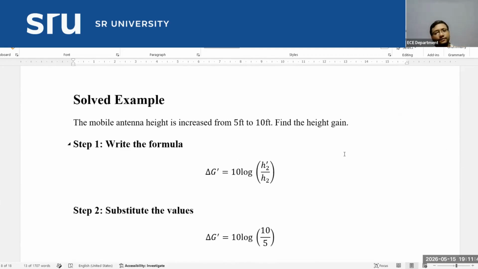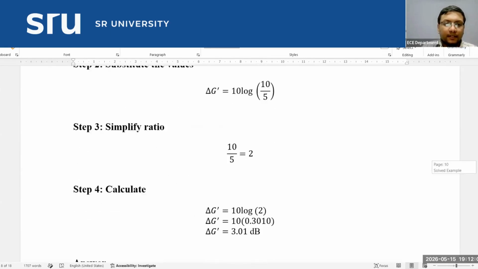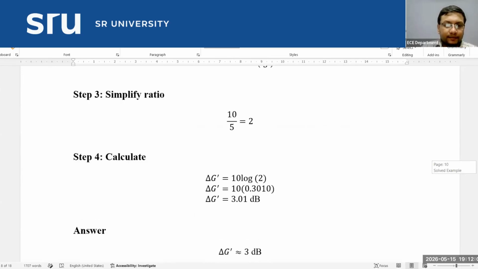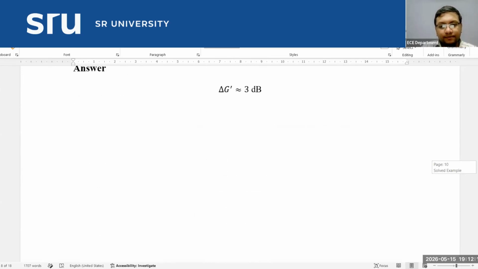Find out the height gain. So delta G is equal to 10 log H2 dash divided by H2. H2 is the current height, H2 dash is the new height. If I put the values like that, then we will simply get 3 dB.